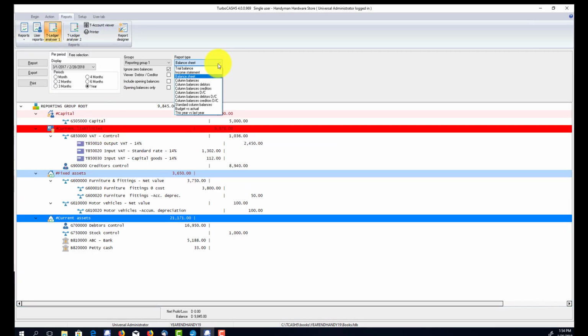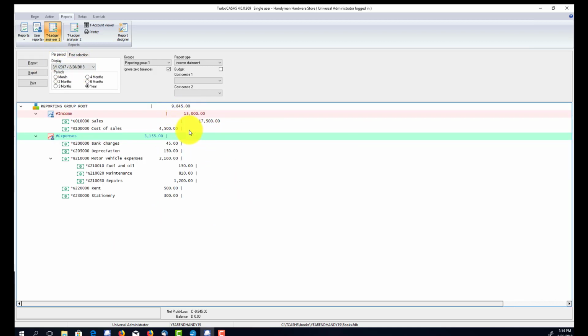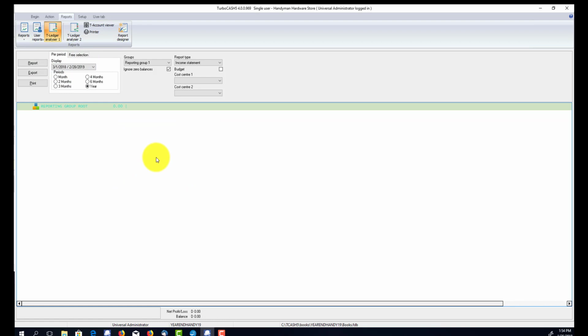Look at my income statement for the period 2017 to 2018, that's last year. That gives me the correct figures as I had previously. And if I look at my new income from the 1st of 2018 to 2019 for the year, my sales are naught. So my income and expenditure accounts have been reduced to 0.